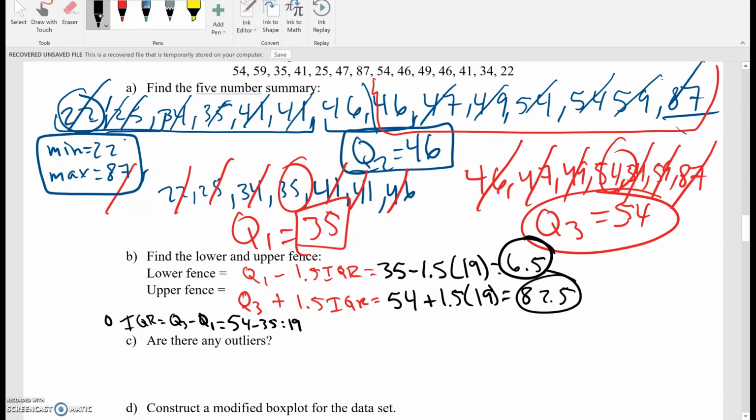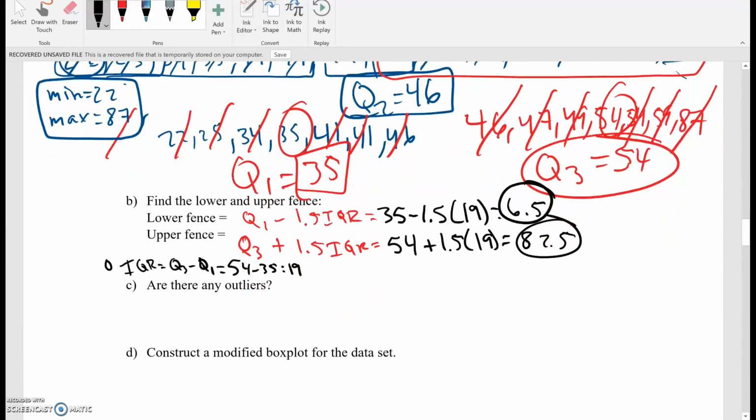Okay, now my question here is for part C, are there any outliers? Okay, so my lower and upper fences, that's where these two things come into play. What my lower fence and upper fence tell me is that if there's anything on the outside of these two numbers, that's bad, that's an outlier.